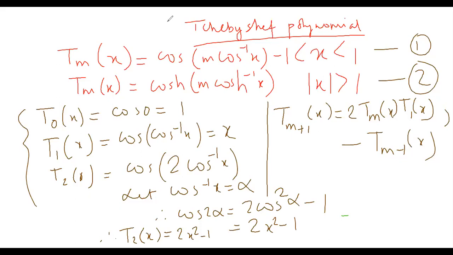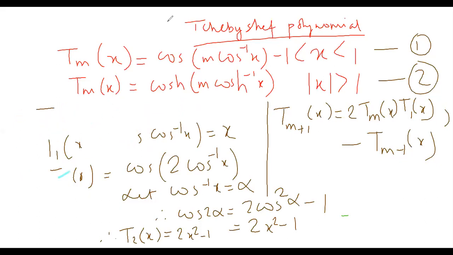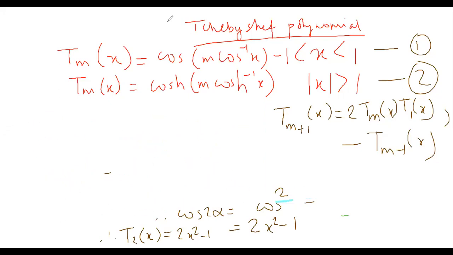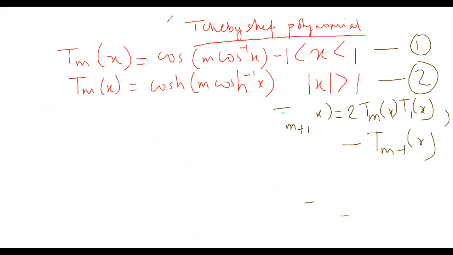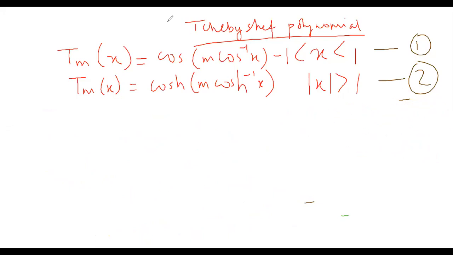Now let us see how you can find the array factor. Let's say I am assuming that the array factor is nothing but this Chebyshev polynomial.